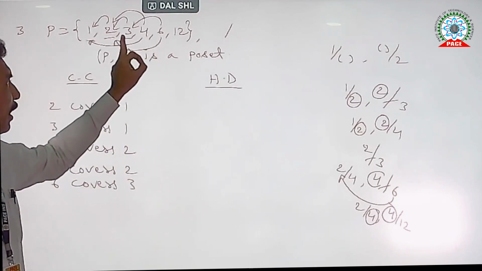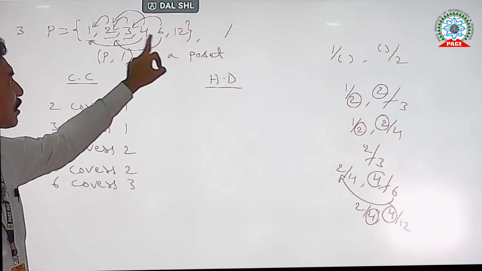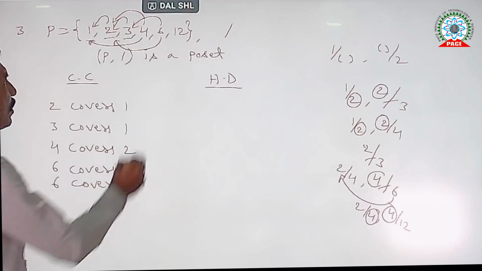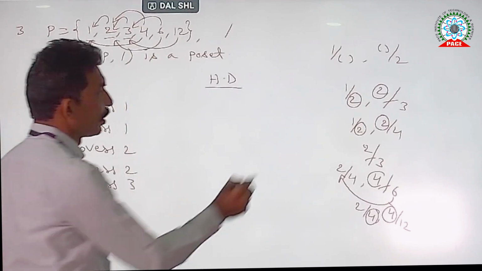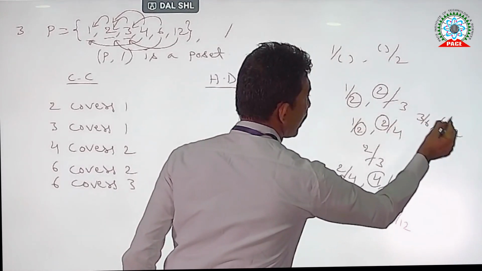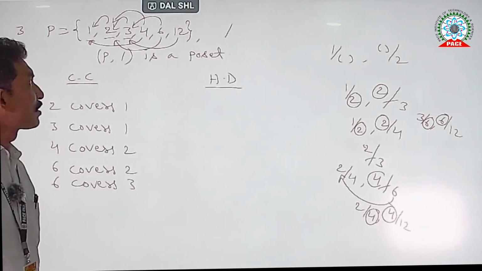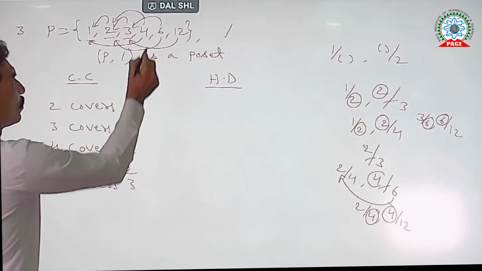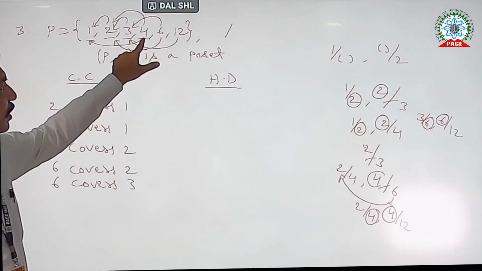Next, 12 does not cover 3, because 3 divides 6 and 6 divides 12. There is an element like that. Next, come to 4. 6 does not cover 4, because the initial condition fails: 4 does not divide 6. The next one is 12 covers 4.